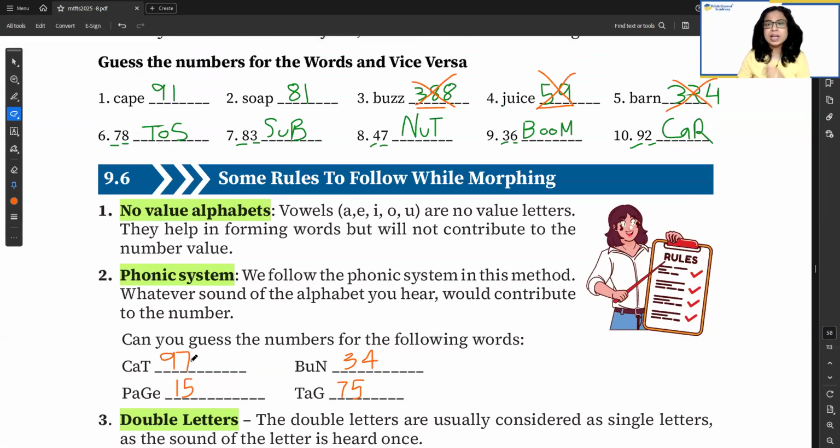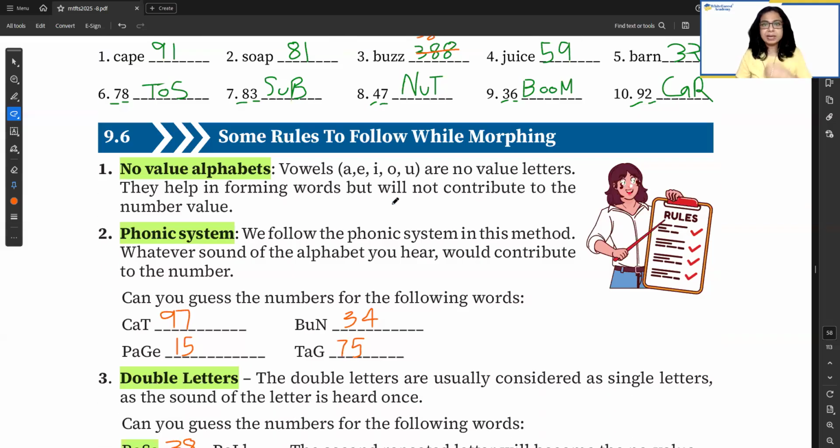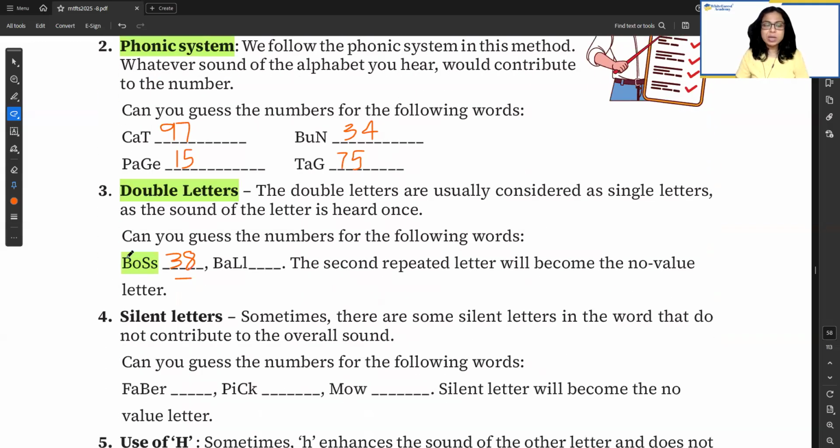And that's why I said this was also not right. So what is the right way of writing this one? Not 388, it is 338. Okay, so even double letters, because they have got a single sound, they are considered as single.